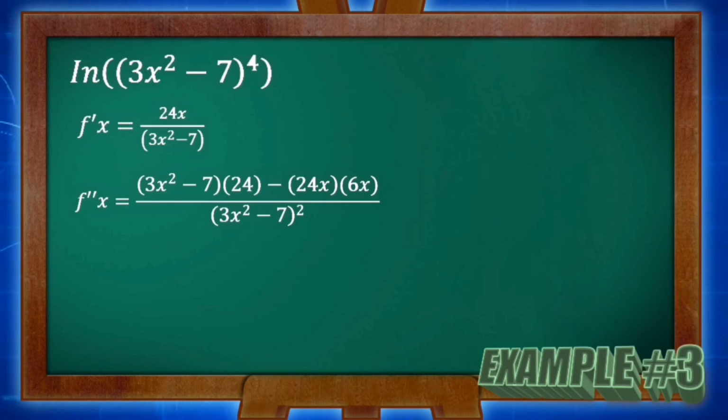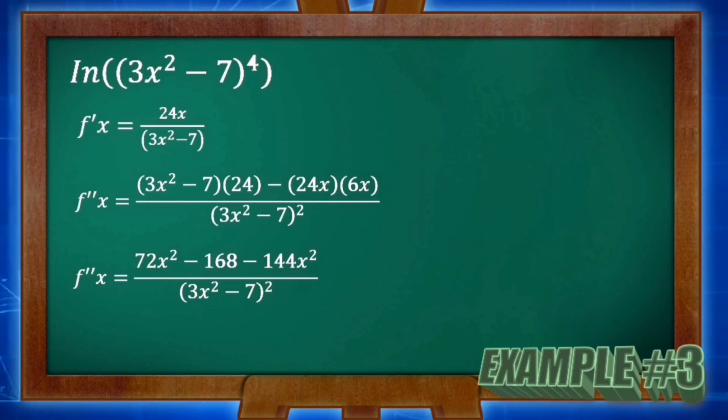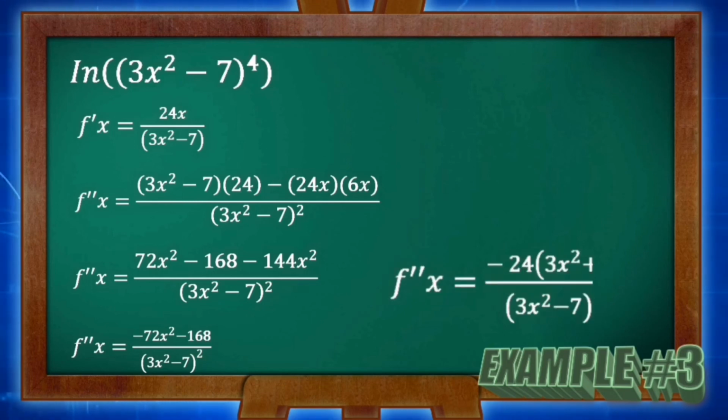Now, it will become 72x squared minus 168 minus 144x squared over (3x squared minus 7) squared. Then, it will become negative 72x squared minus 168 over (3x squared minus 7) squared. So our second derivative answer will be negative 24 times (3x squared plus 7) over (3x squared minus 7) squared.